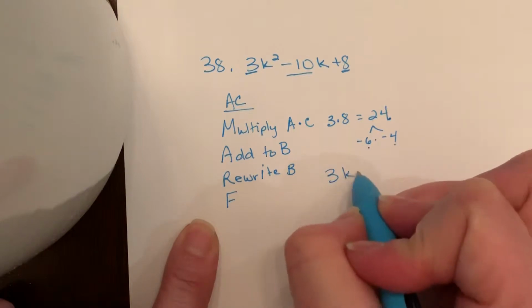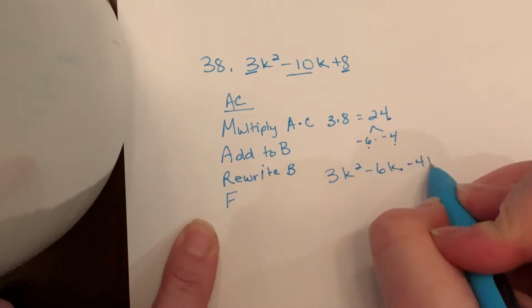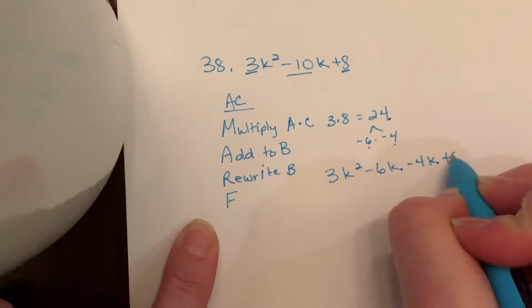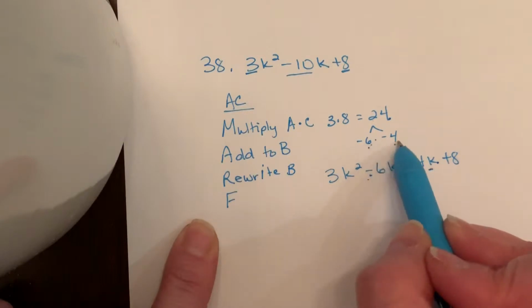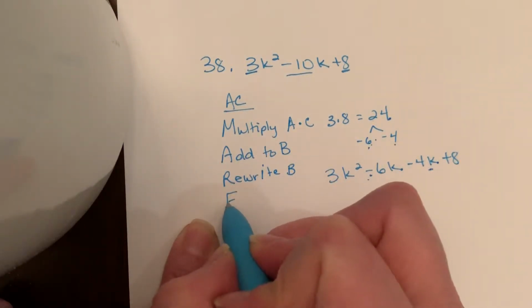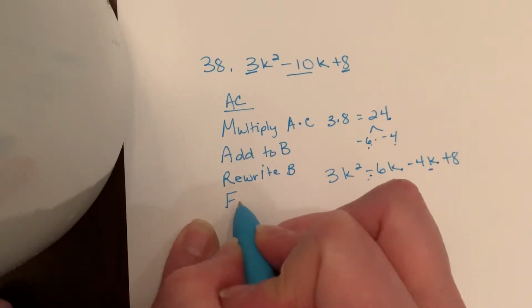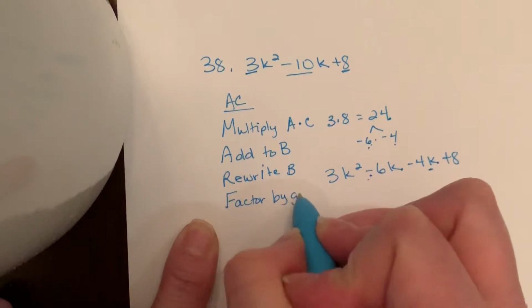So 3k squared minus 6k minus 4k plus 8. We rewrote our B term using these factors. All right, and the last letter in our acronym, F, stands for factor by grouping.